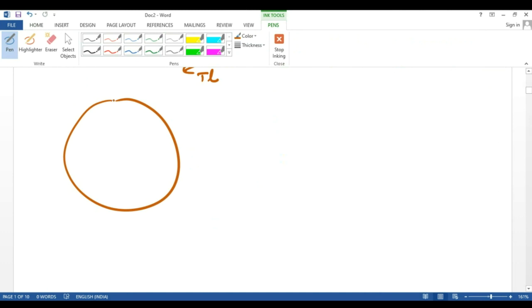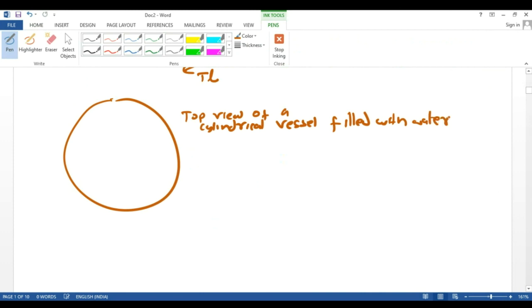So maybe we have a cylindrical vessel full of water, and this is a top view of the cylindrical vessel filled with water. And in this we have, let us say, a pin.